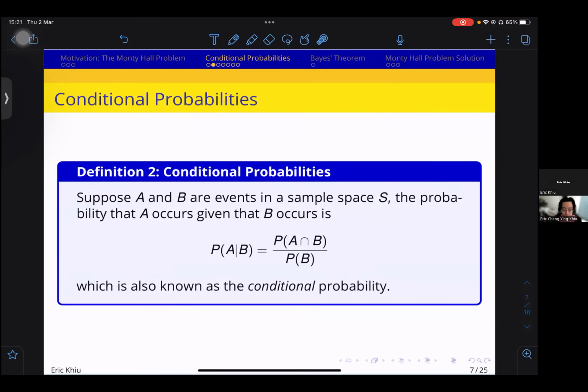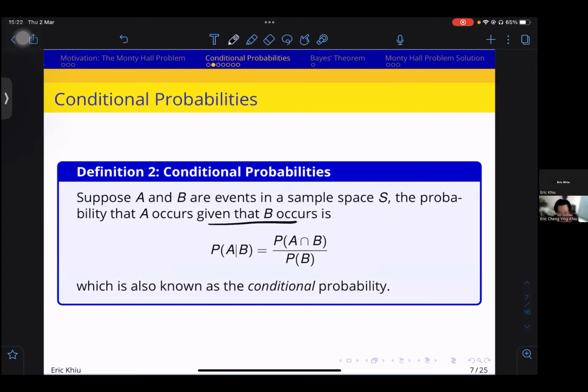Now we have two events, A and B, which are both subsets of this sample space S. And now we know that event B happens. This is what we mean by given that B occurs. Now we want to know how likely it is for A to also happen.